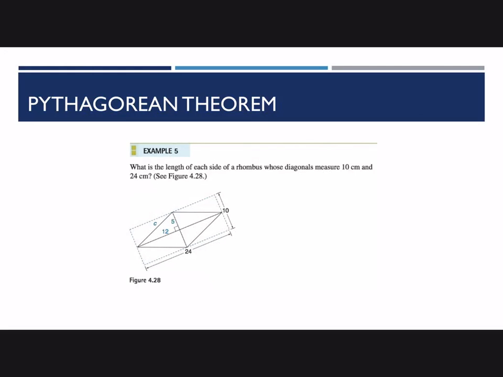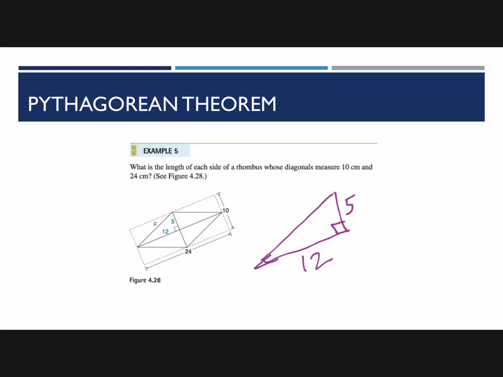So I would know that if one of the diagonals measures 10 and the other is 24, then those each get bisected, and then half of them would be 5 and 12. Notice now we have a right triangle formed by 2 halves of the diagonals, the 12 and the 5. And we can also show using a proof that that is a right angle there.